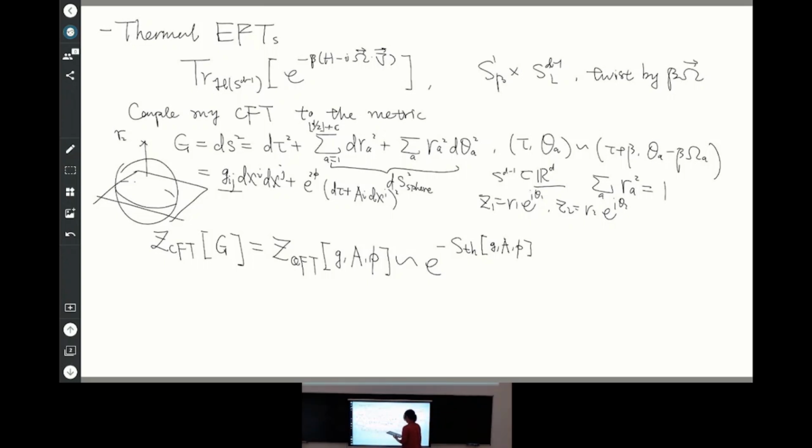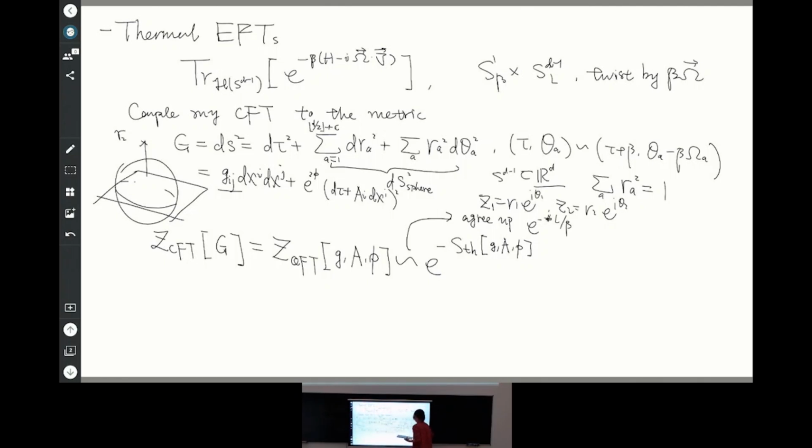Here I'm writing a wiggly sign. What this wiggly sign means precisely is that both sides of this equation would agree up to exponentially suppressed terms, such as e to the some number L over beta.